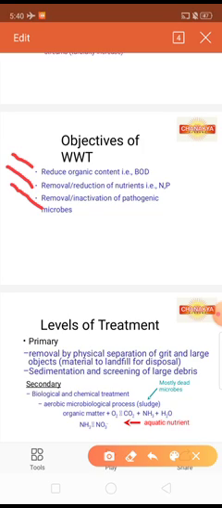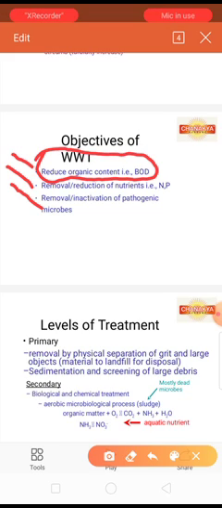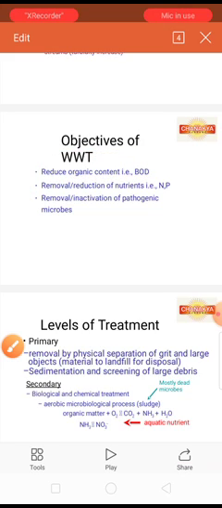Now, one by one, I'll explain. Reduce organic content, BOD, that is biological oxygen demand. We have to reduce that organic content. We have to reduce BOD.